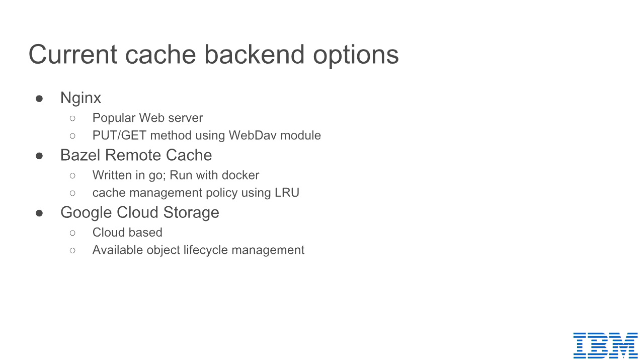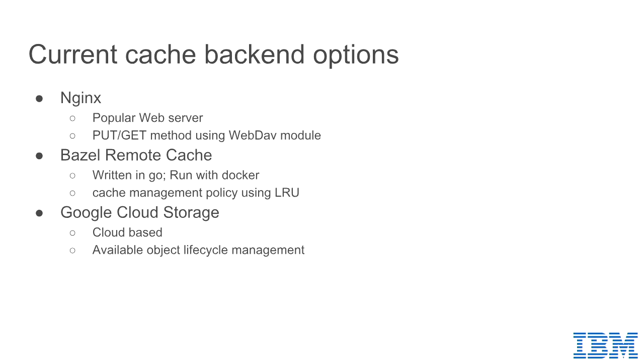So what are the current options for the Bazel remote cache server? On the Bazel side, they provide you with 3 options. The first one is Nginx. It's a popular web server, and you can enable the PUT and GET methods using the WebDAV module. The second one is Bazel remote cache. This is also written by Jakob. It's written in Go, and you can run it with Docker.